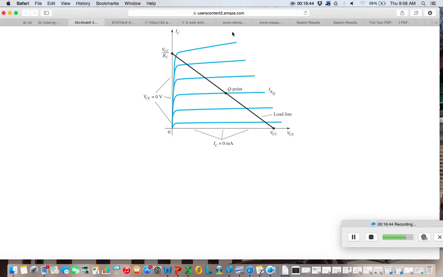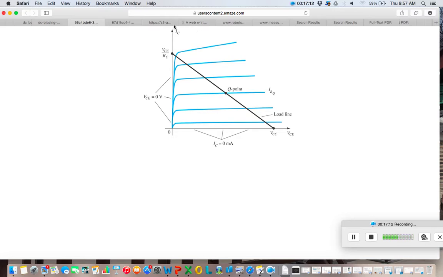So make sure you are able to show an example like this: we have VCC over RC here, and VCC at the VCE axis. The load line can only be drawn if we solve the KVL at the output loop section.